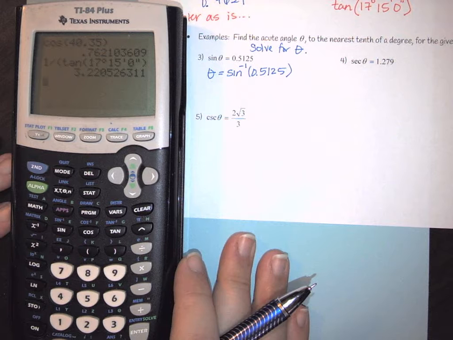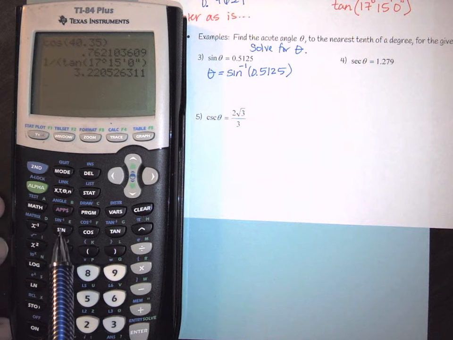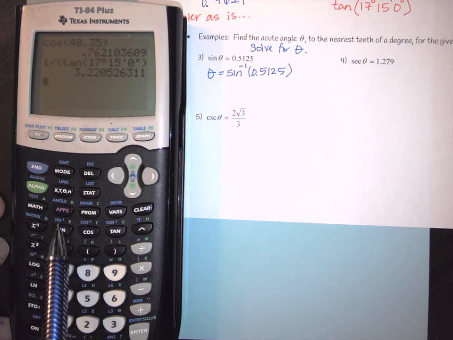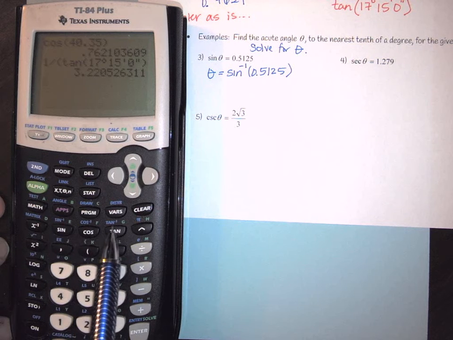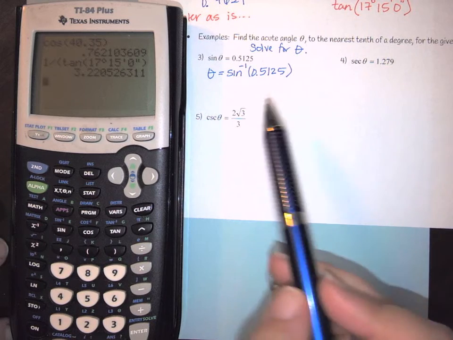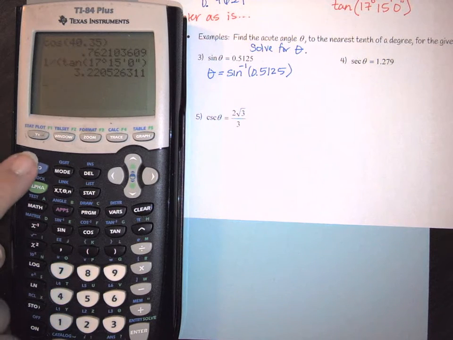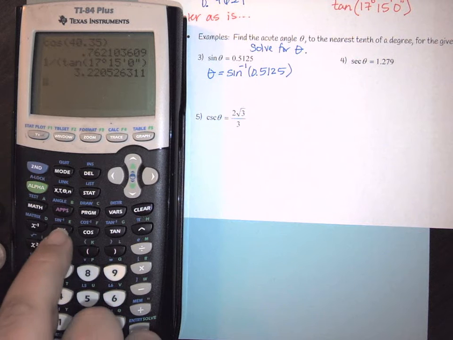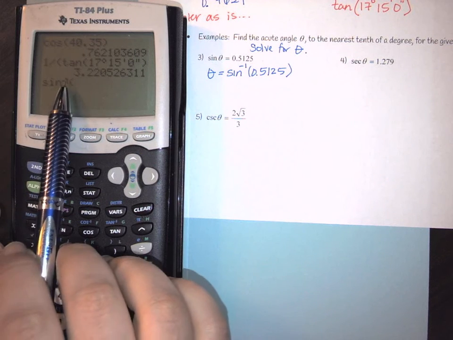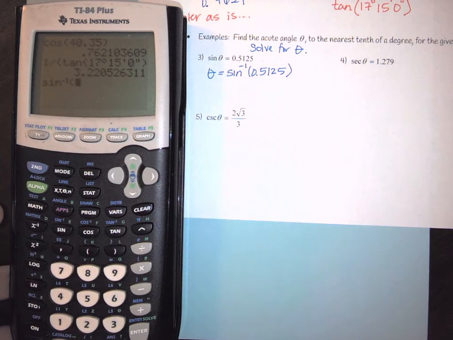So in order to do that in your calculator, notice above my sine, cosine, and tangent, I have sine to the negative first, cosine to the negative first, tangent to the negative first. Since this is sine itself, I simply go second, hit my sine, and notice I get sine to the negative first, and then type the value 0.5125, close your parenthesis, and hit enter.